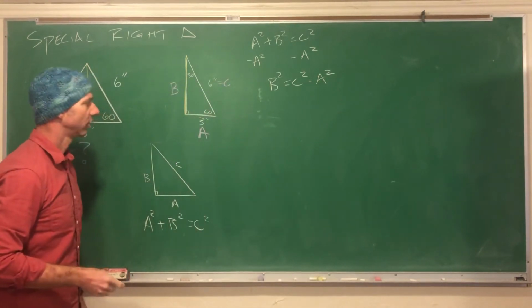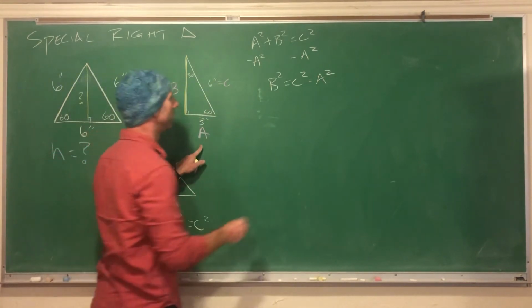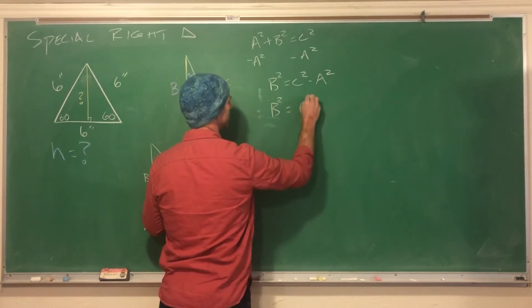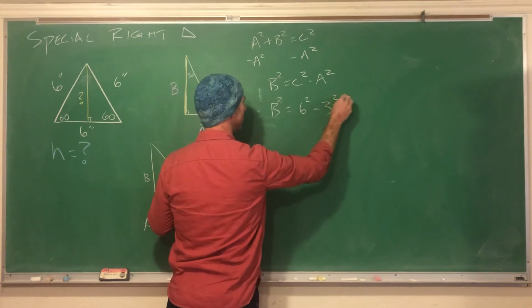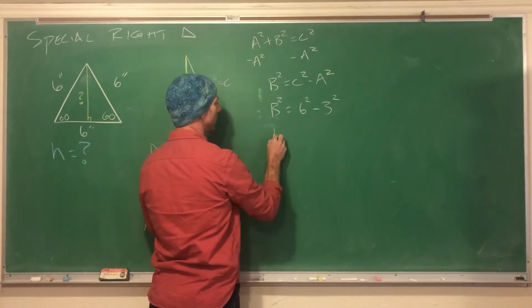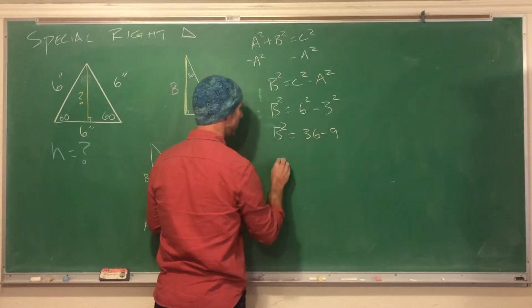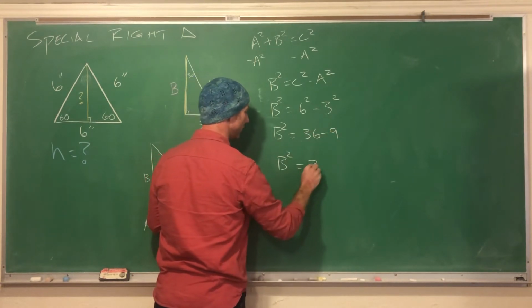Okay, and let's go ahead and put some numbers in here. So B squared is 6 squared minus 3 squared. B squared is 36 minus 9. B squared is 27.